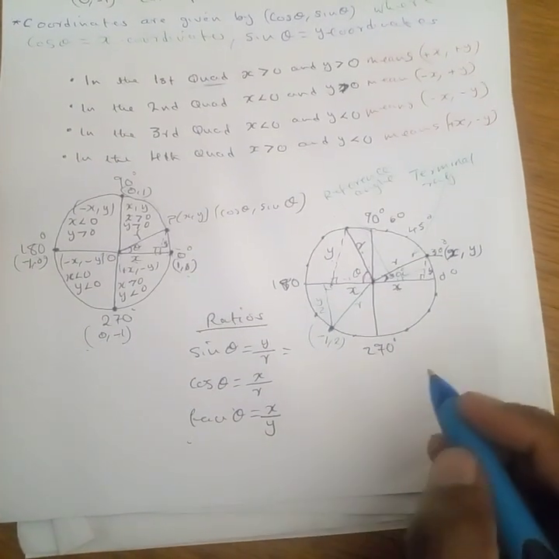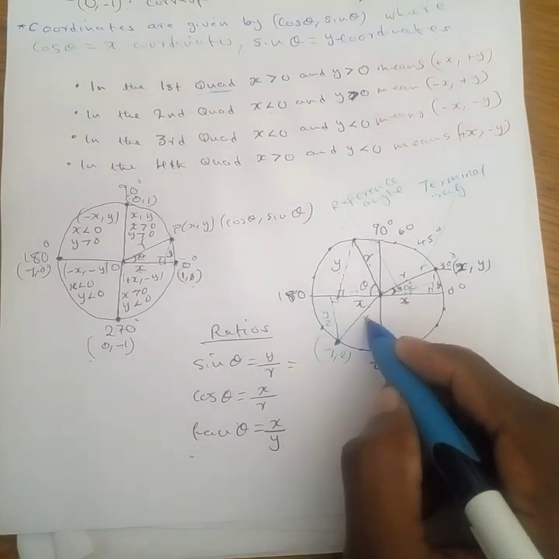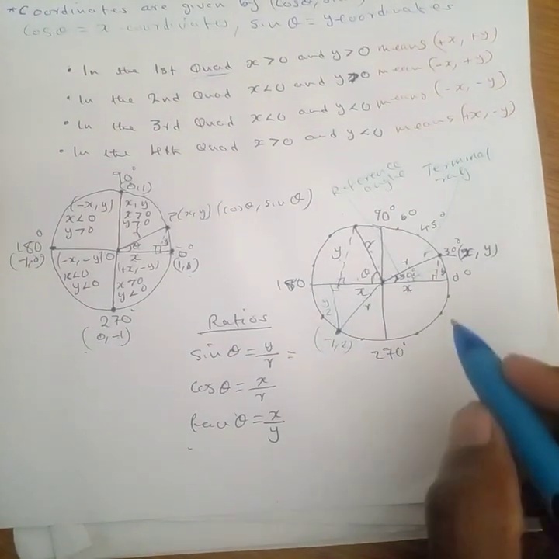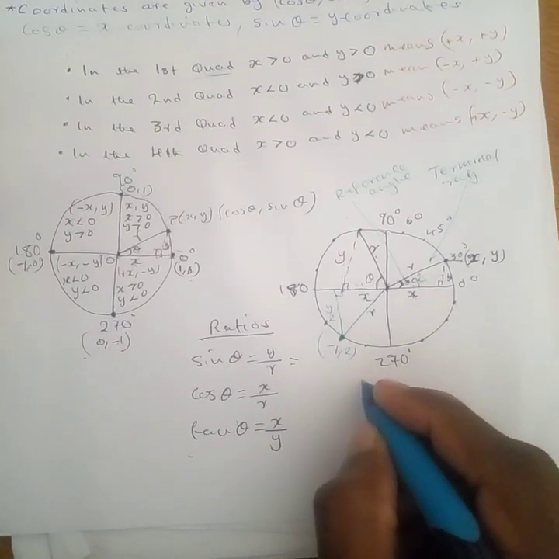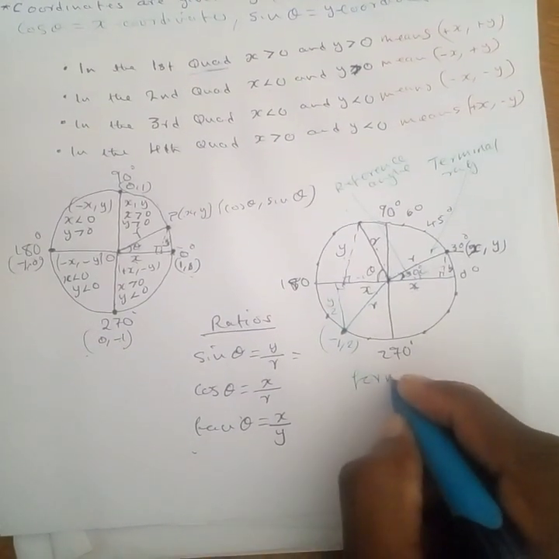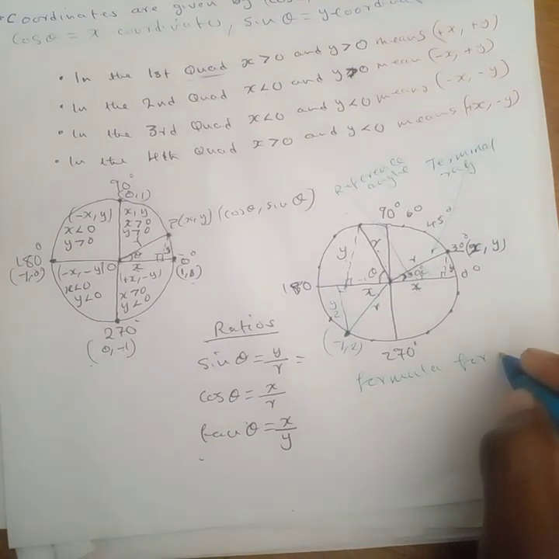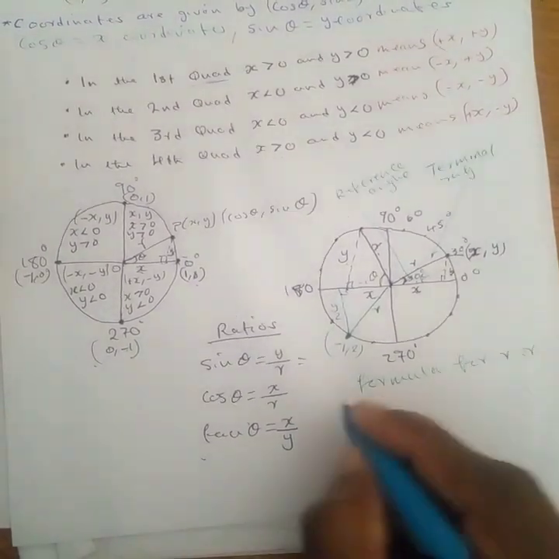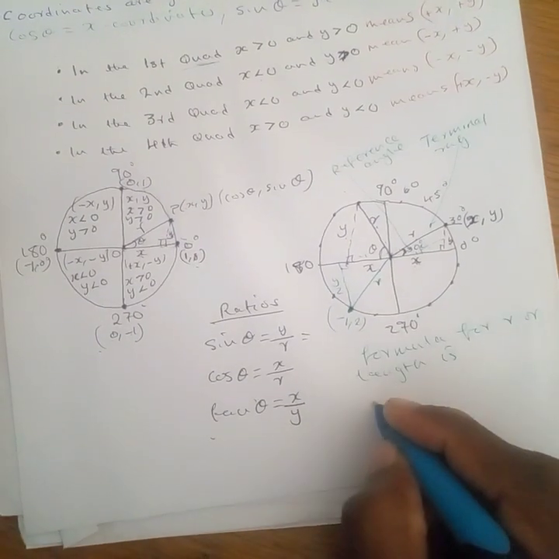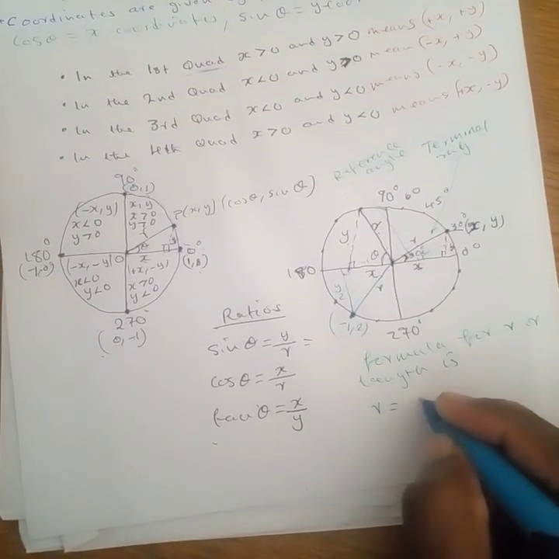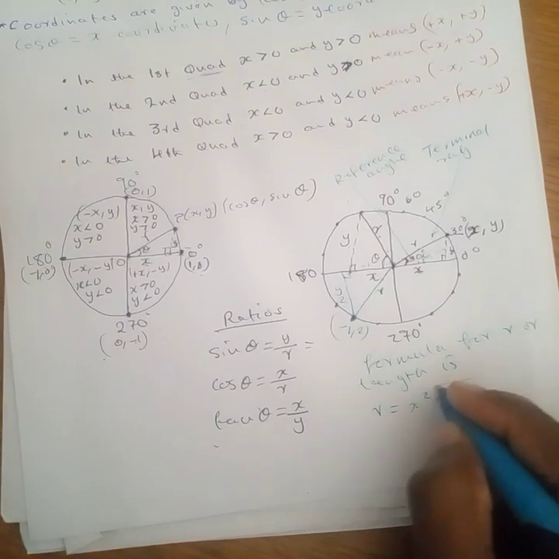Okay, but the important thing that you need to know is how do I find this r, this ratio? This comes from the Pythagoras theorem, which we looked at. So the formula that you need to always know, let me just write it here. Formula for r, or we can call it length, is r equals the square root of x squared plus y squared.